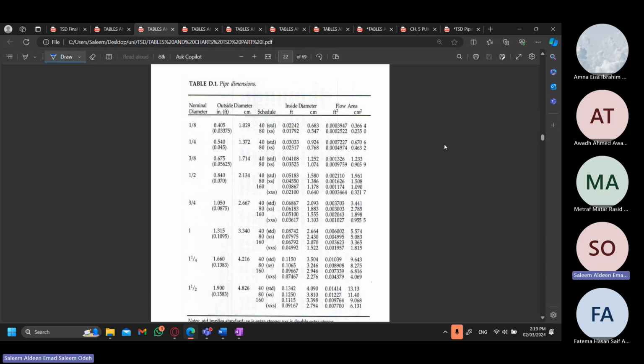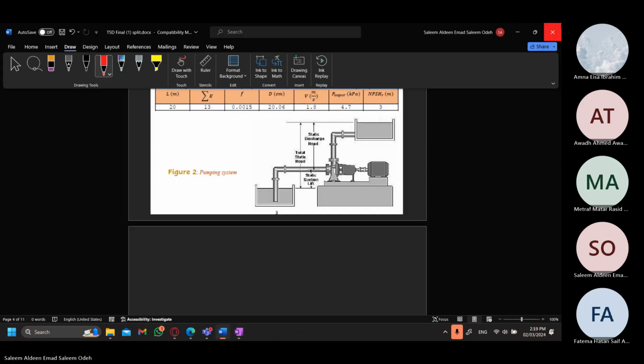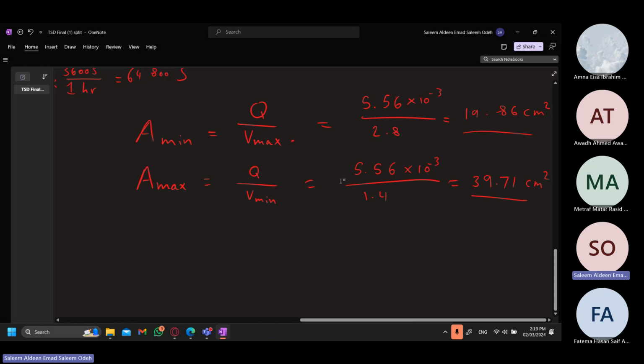So instead of converting every single one, just find the area in centimeters squared or convert it to centimeters squared. Now we have a range of area, A minimum and A maximum. What we need to do is go to table D1 and find a flow area with the same units where it is between these two.